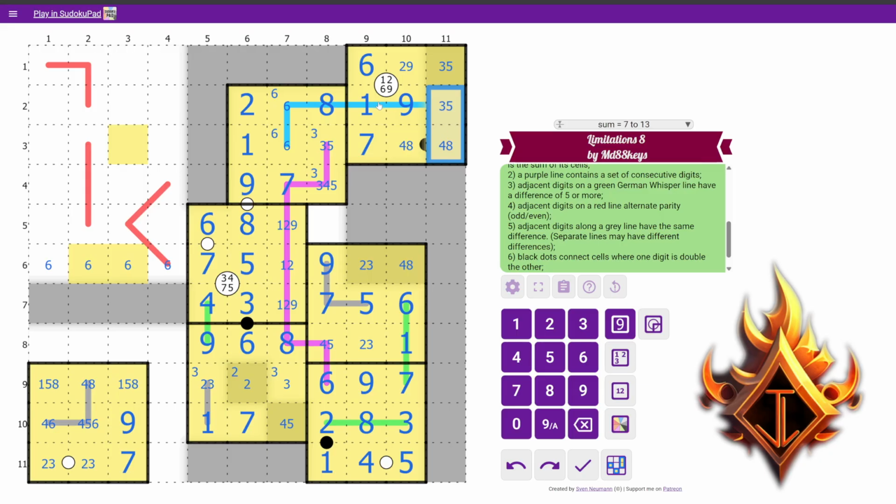So it didn't work with either of those, did it? 10, 17. But we would need another 3. 21.